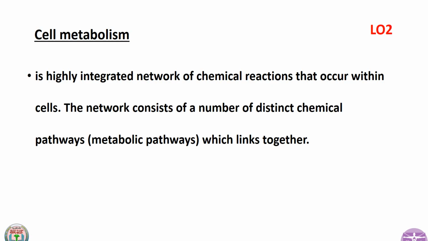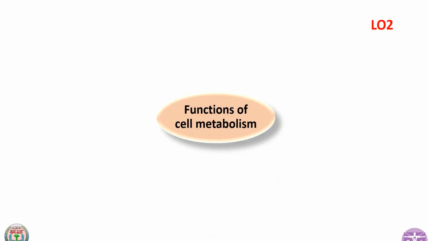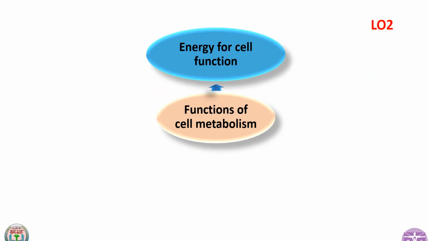So what is cell metabolism? It is a highly integrated network of chemical reactions that occur within the cell, and the network consists of a number of distinct chemical pathways that are called metabolic pathways, which link to each other. What are the functions of cell metabolism?